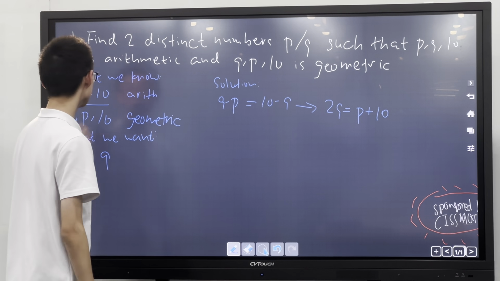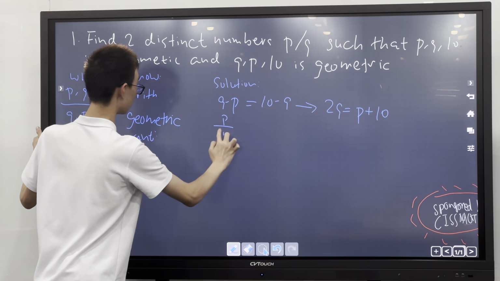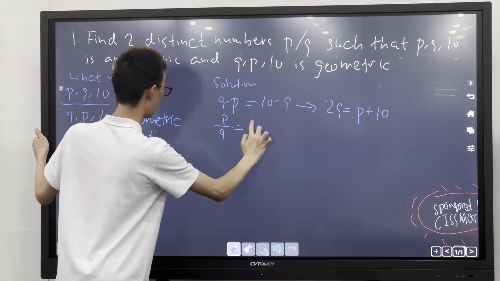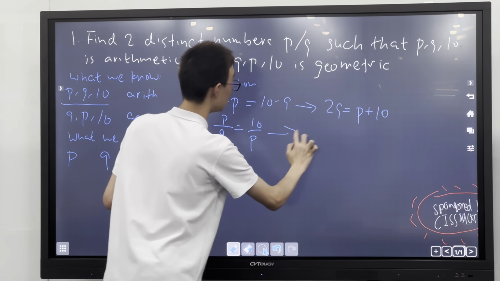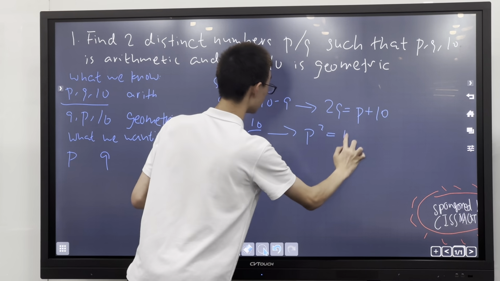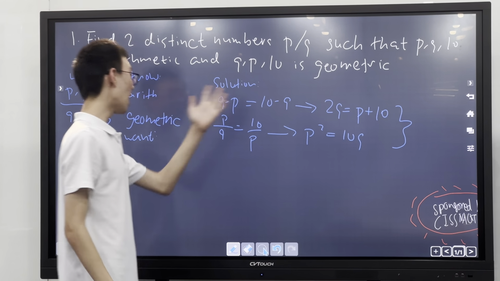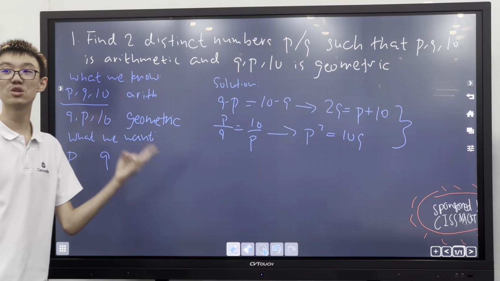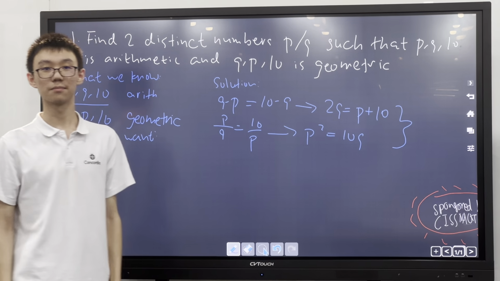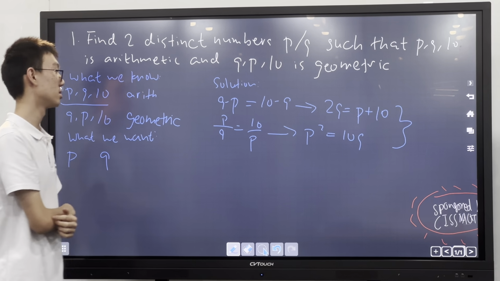At the same time, the geometric sequence tells us that p over q is equal to 10 over p, which means that p squared is equal to 10q. Listing these two, we can now identify that this is simply an algebra problem with two unknowns and two equations. So now we can simply go about solving this.